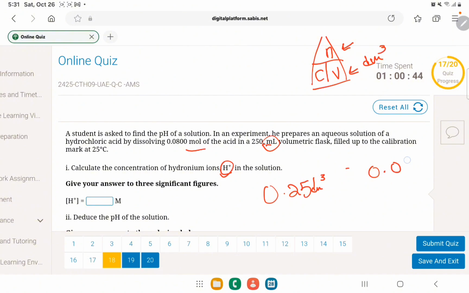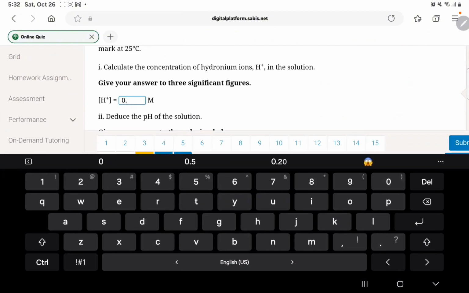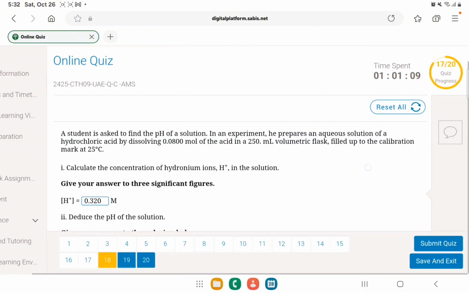So 0.08 over 0.25, and we get the concentration of H plus. We get 0.32. Since they wanted three significant figures, we just add a 0.